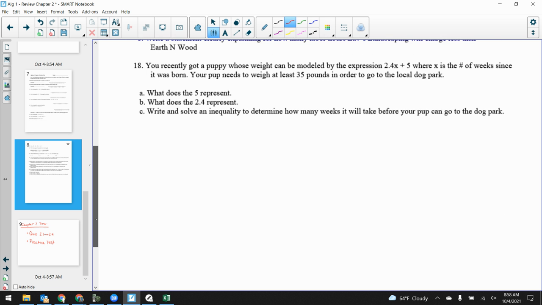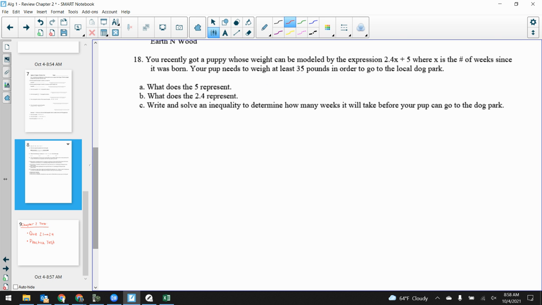All right. So, oh yeah, this is a weird one. I'm kind of throwing this one, and we haven't had a problem like this before with an inequality. We did it back in the equations chapter, but we did not really touch it with inequalities yet. We recently got a puppy. The weight can be modeled by the expression 2.4x plus 5, where x is the amount of weeks.